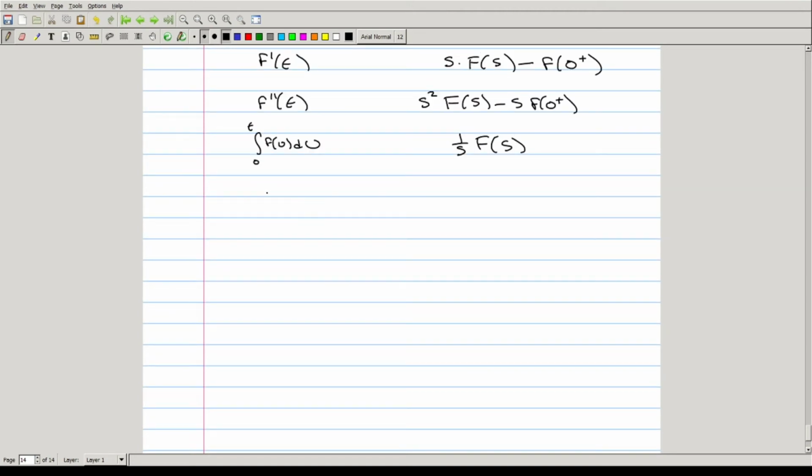And lastly, the Laplace transform of e to the at times the function f is going to be the Laplace transform F evaluated at s minus a. This is what we call the first shifting theorem.